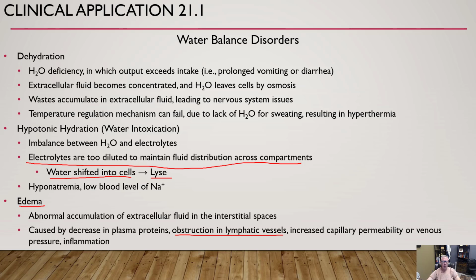Inflammatory process. One thing that's not on here is Addison's disease. Addison's disease is basically an aldosterone deficiency. If you remember, aldosterone is retention of sodium and excretion of potassium.